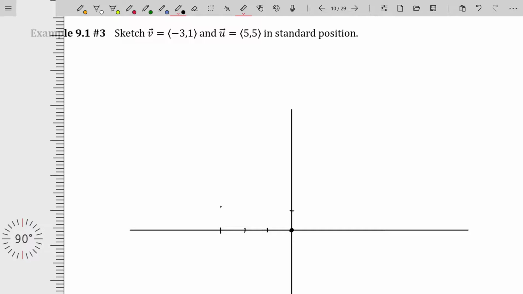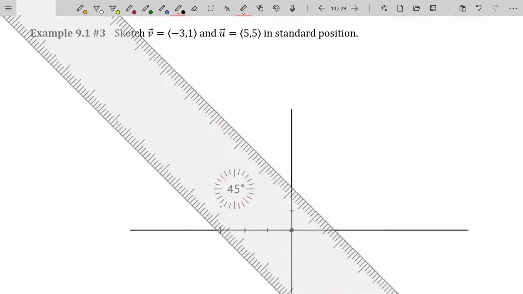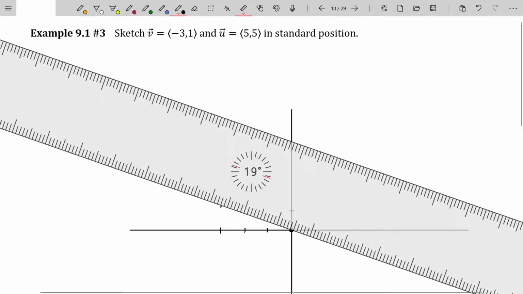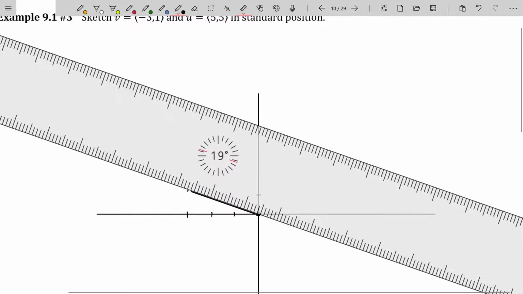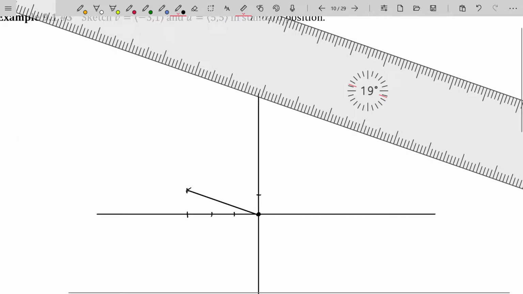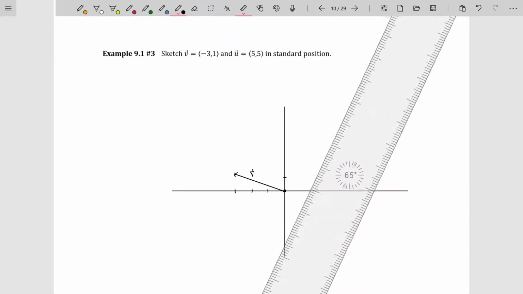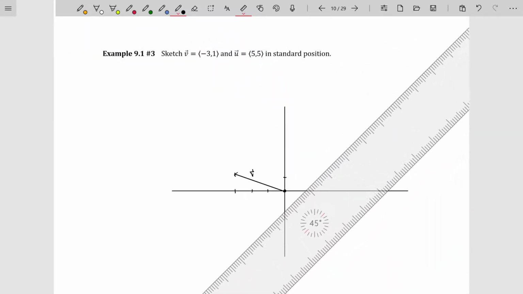So it terminates there. I'll just go ahead and use this right here to draw it. So something like this. There we go. That's the vector v in standard position. There's only one vector v in standard position. So that's a good way of doing that.